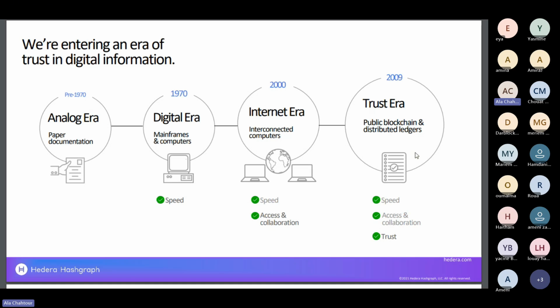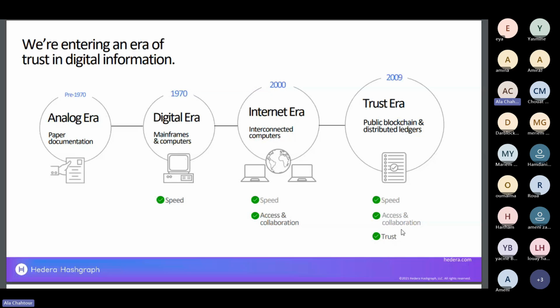So now we can ensure the speed of storing and accessing the data, we can ensure access and collaboration, and we also add trust in storing the data. We trust that the network is not going to manipulate the information.